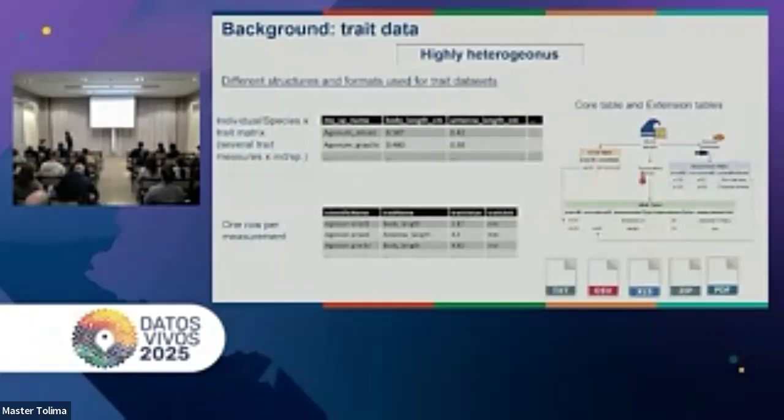So we have also heterogeneity related to different structures and formats, because we can have datasets organized as an individual or species trait matrix, where for each organism or species, we have different trait data reported in columns, or we have one row per measurement, or, as Elizabeth already presented, we have more tables with a core table and extension tables that are linked by a unique identifier.